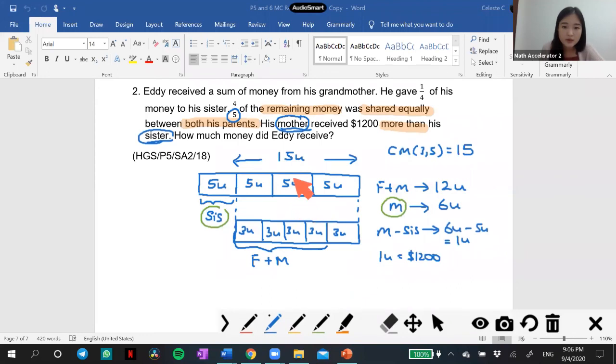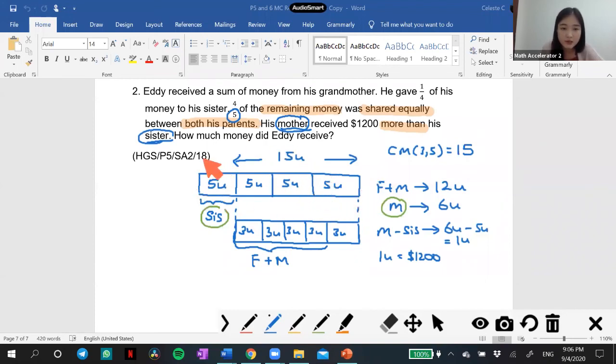All right, so how much money did Eddie receive? How many units must I find? Anyone? Some say 5, some say 20. How much money did he receive? He received this entire block of units here. Yes, 20.